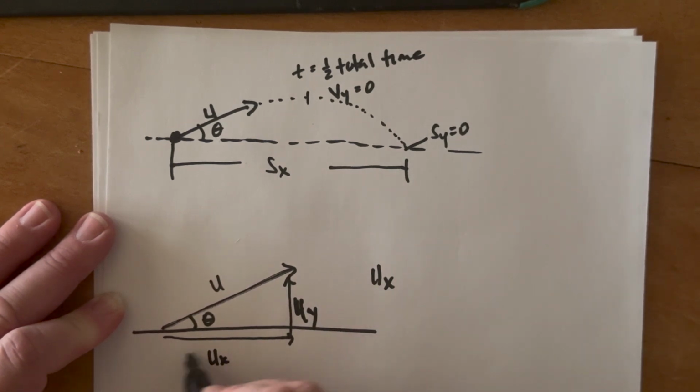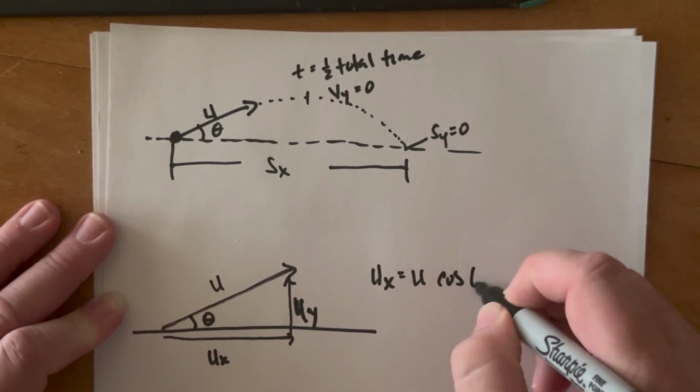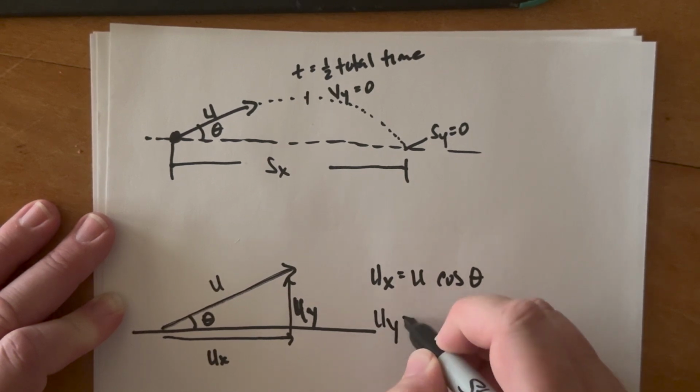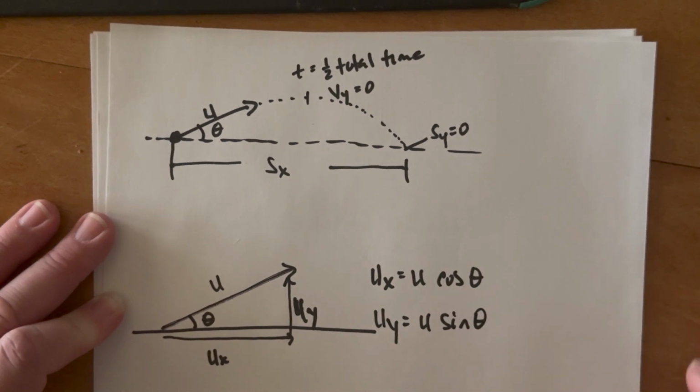U in the x direction, right here, is the side that is adjacent to the angle. So we can say u in the x direction is equal to u cosine of theta, and our initial velocity in the y direction is equal to u sine theta. That can give us information to put into our XY chart.